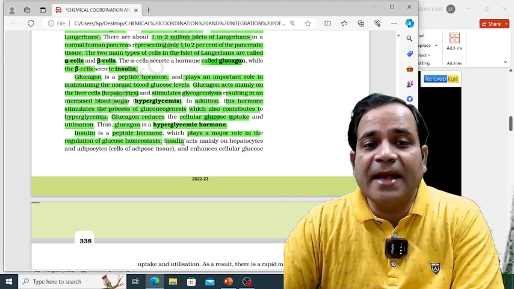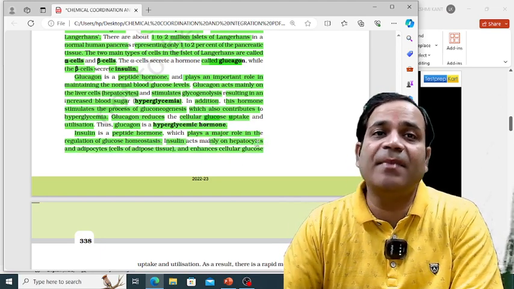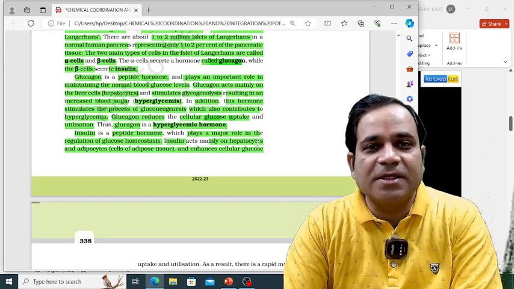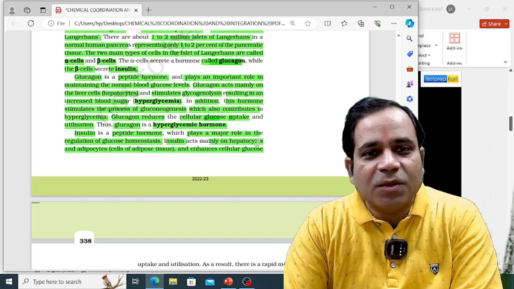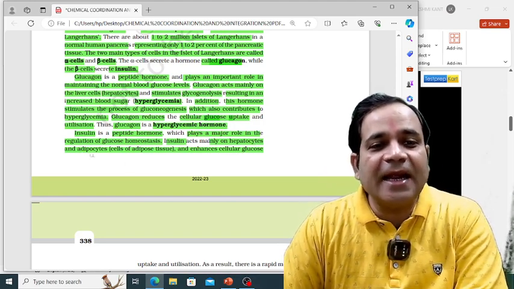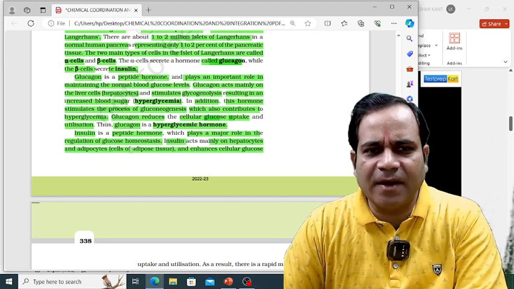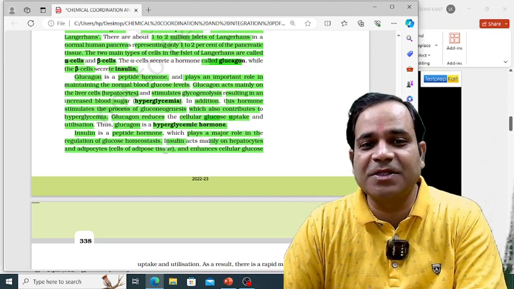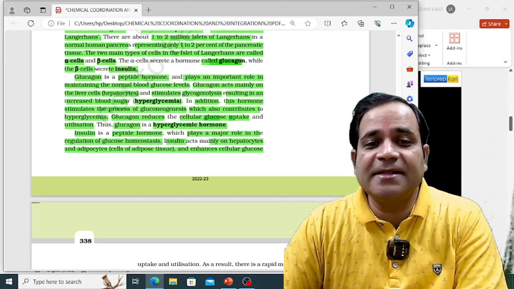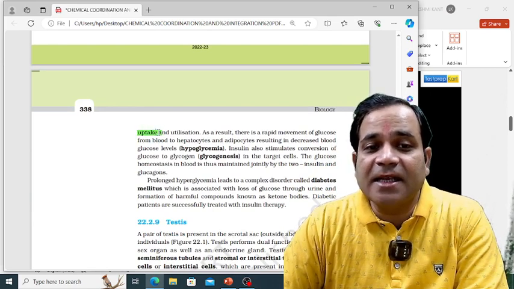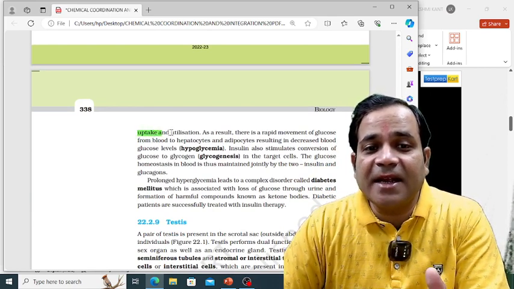So insulin acts mainly on the hepatocytes, because you know the glycogen formation happens in the liver, and on adipocytes, the cells of adipose tissue where fat is stored, and enhances cellular glucose uptake and utilization.